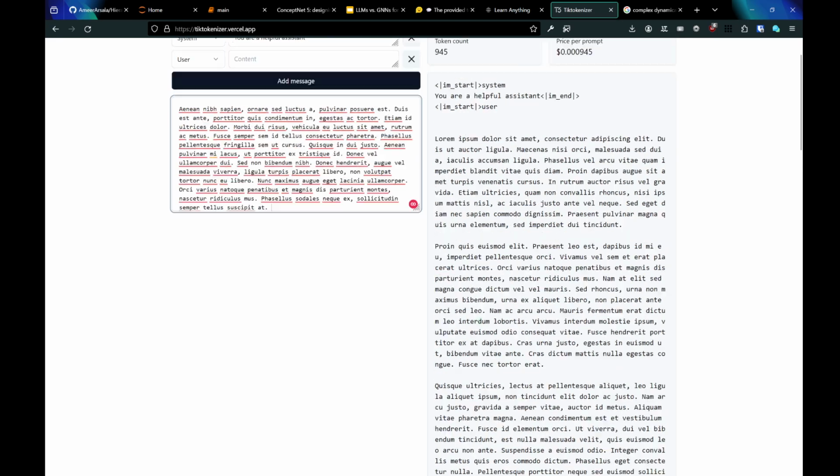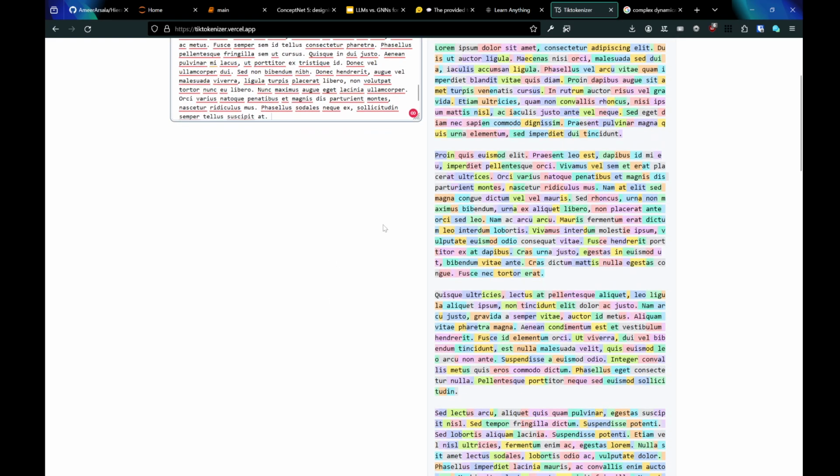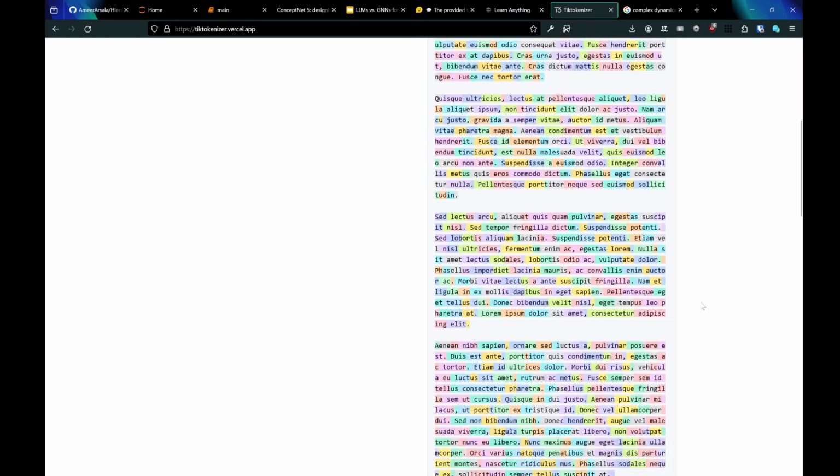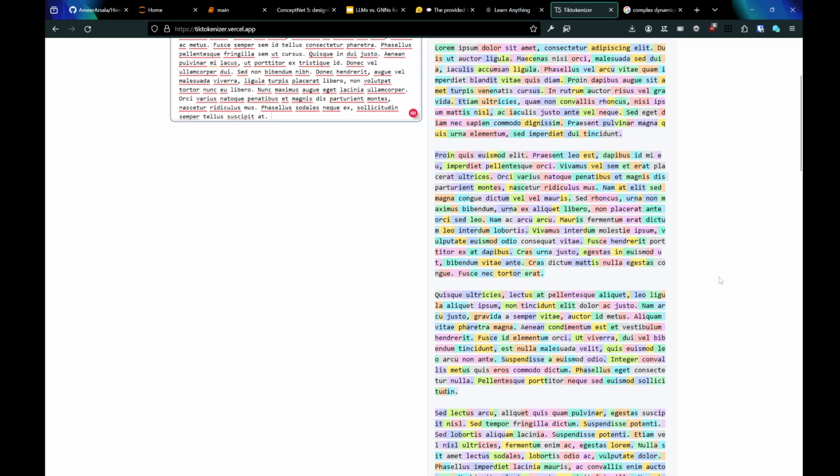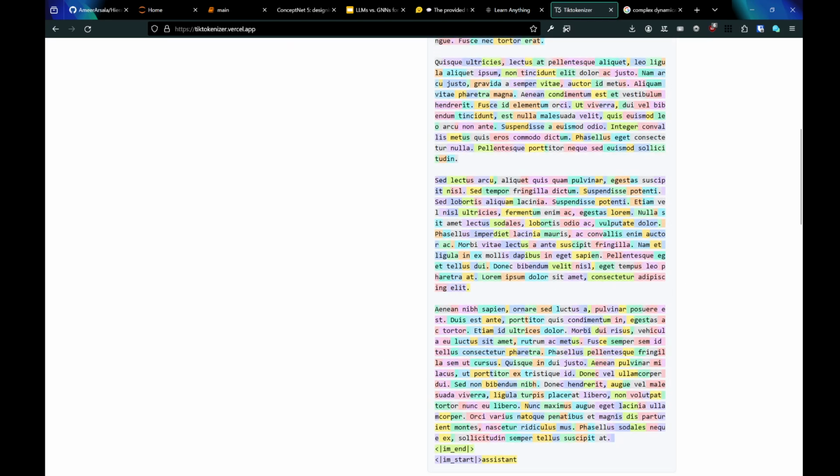So I have some text in this tokenization visualizer, and let's say in one of these sections, this token is the masked thing. This is the masked token, or it's two tokens but presented as one.